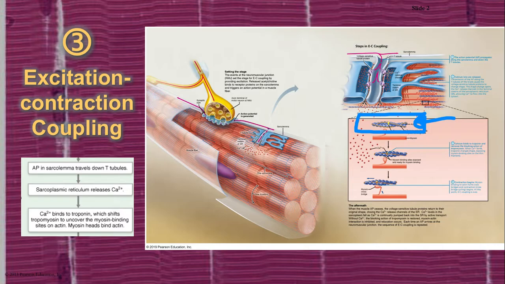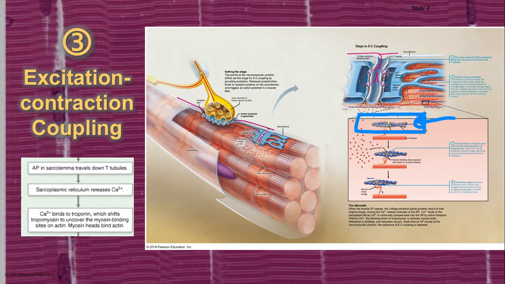Okay? Acetylcholine goes past the synapse and binds to a receptor, the acetylcholine receptor. That receptor allows sodium to move into the muscle fiber and potassium to move out, which causes a depolarization. We end up with a positive inside and negative outside, and we get an end plate potential, a little action potential at the very end.